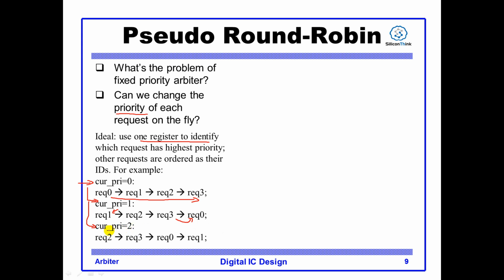And if the value of current priority is 2, request 2 has the highest, request 3 follows, then wrap back to request 0 and followed by request 1. Of course, if the current value is 3, I think you can write the priority for each of the requests. So this is the idea.